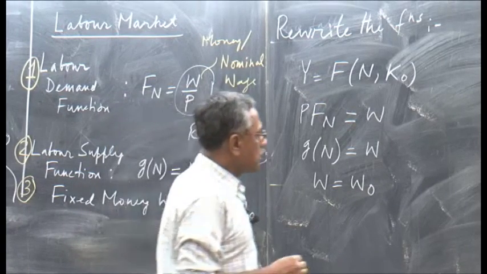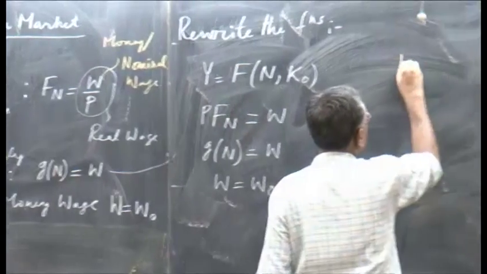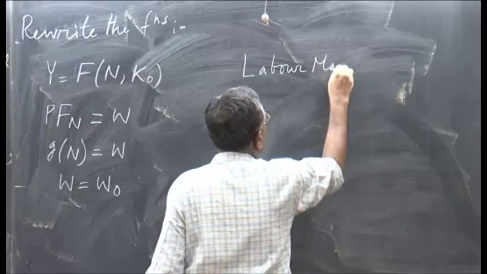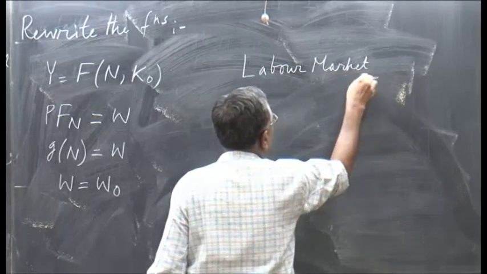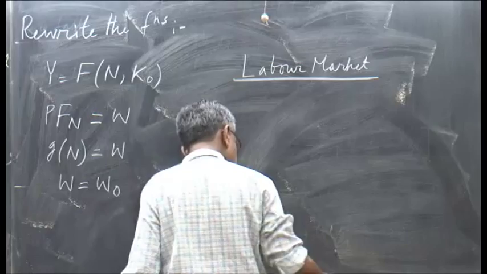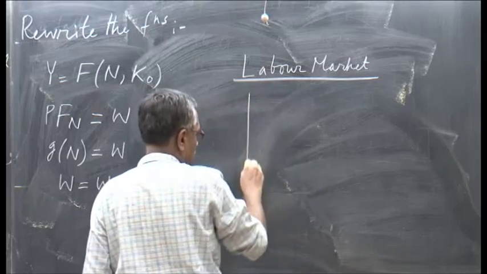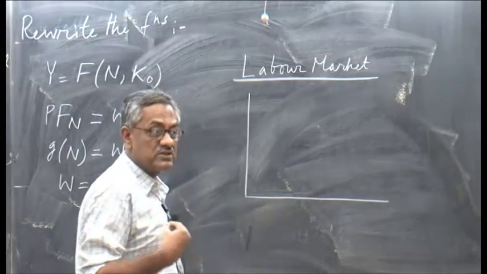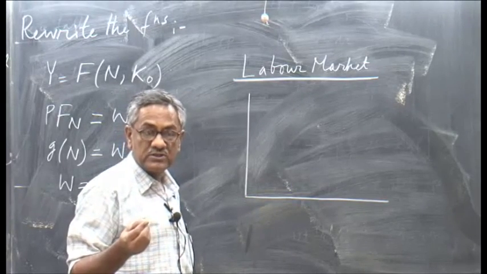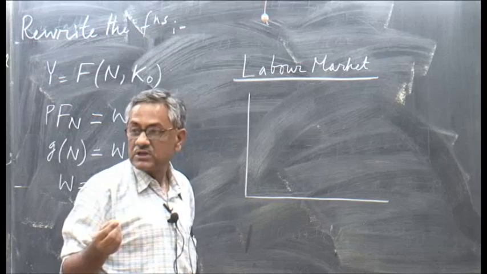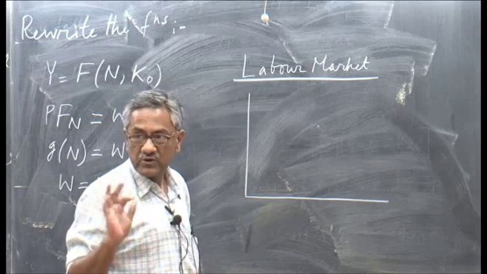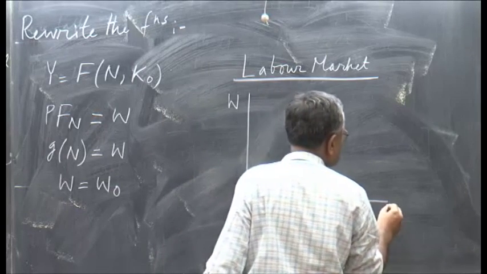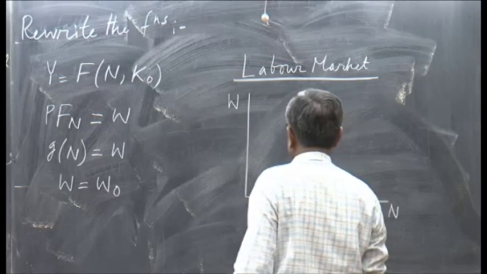So now, if I draw the labor market, what will happen? I will have to draw it differently because one function doesn't have P and one function has P. The labor demand function has a P; the labor supply function doesn't have a P. So I put wage on the y-axis and labor on the x-axis.